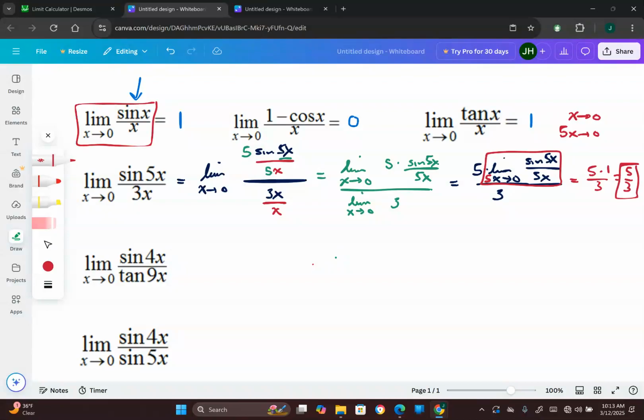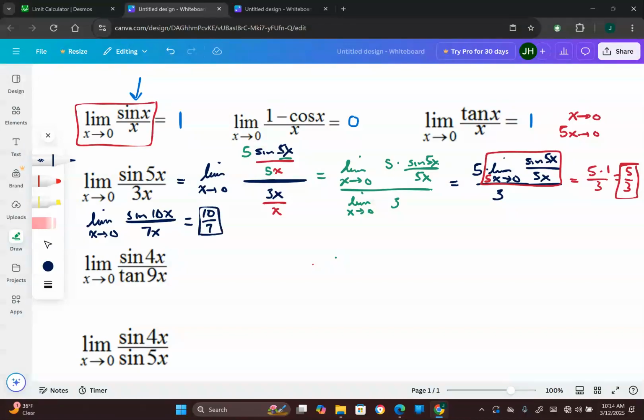Now, can you see a shortcut to this? If you see a problem where I've thrown some numbers into this, sine of 5x over 3x, do I have to go through all this work? No, it's just 5 over 3. So if you run into something similar to this and you see the limit as x approaches 0, and let's say it's sine of 10x over 7x, what do you think the answer is? You're right. It's going to be 10 over 7.